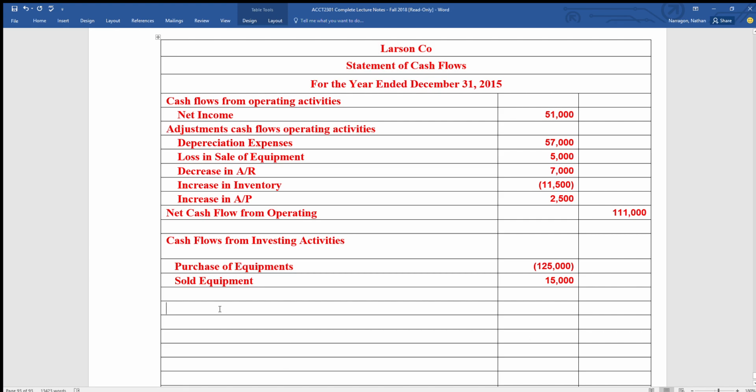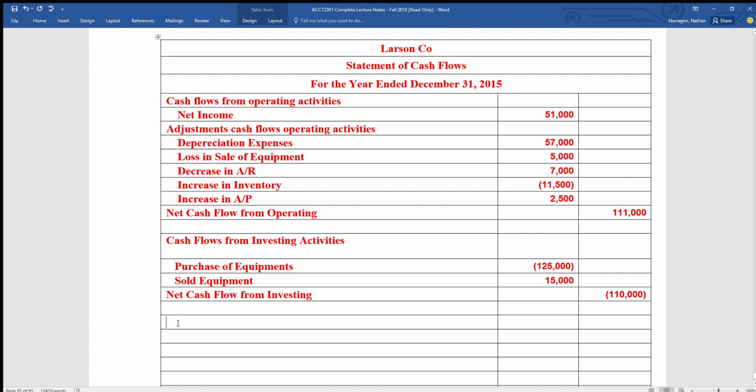So that means right now our net cash flow from investing is a good old whopping loss of 110. So didn't do real good. We got a good cash flow loss going on.